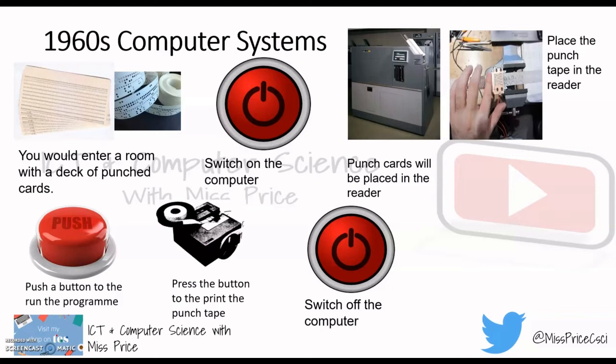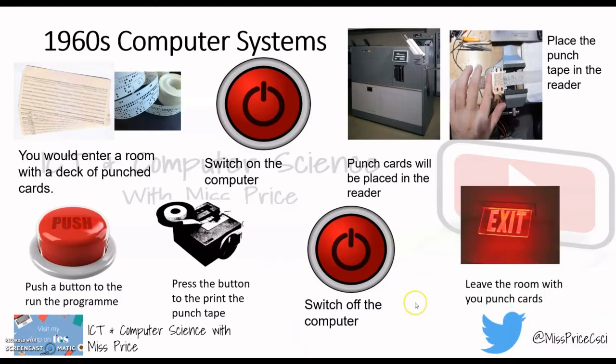Things that humans can do, the computer would do much faster, and that's the purpose of a computer. These days, computers still do things humans can do, because humans make and program them, but much quicker than we can. What may take us days or weeks or hours, a computer will do in a few minutes. And then they would leave the room with the punch cards. That's simply all a computer would have done in the 1960s.